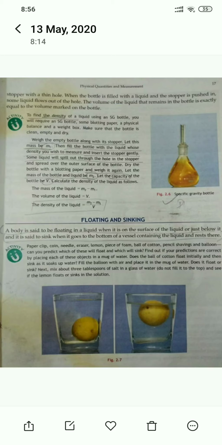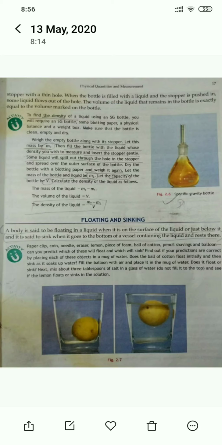Then you have floating and sinking, another topic. You know the literal meaning of floating and sinking. What does floating mean? When you put any substance, say an object, into water, and it either stays on the surface or just below the surface, then we say this particular object is floating in water, or any liquid. And if you put an object into any liquid and it goes deep into it, we say that the object has sunk.